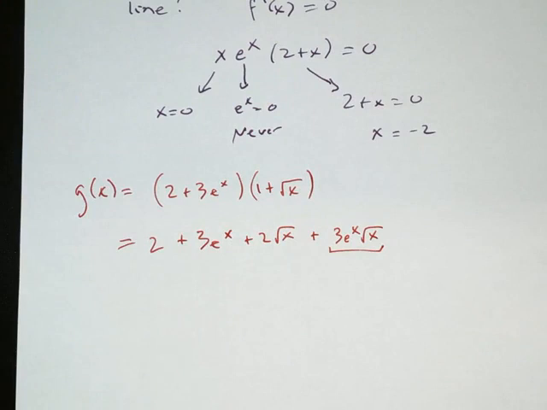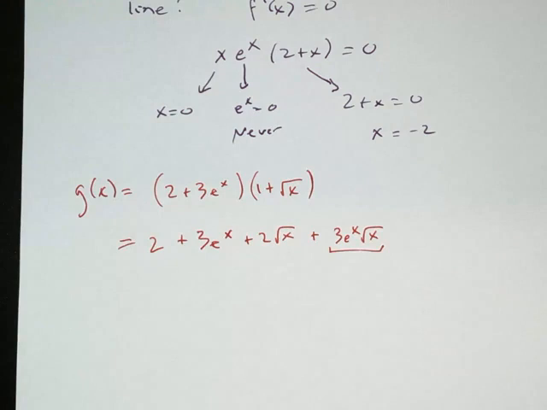That term also needs a product rule, doesn't it? There's an e to the x times the power of x. And I can't combine those anymore. Phooey. There's no way to escape doing the product rule.